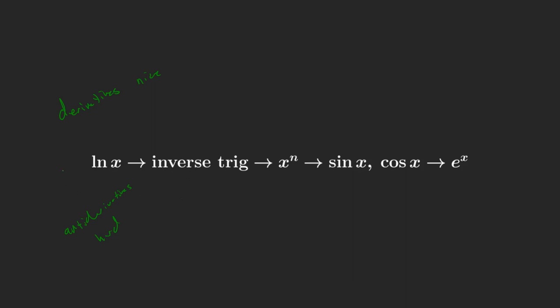So the stuff on the left end of this list is going to be more influential for what we pick than the stuff on the right. If you see an exponential function, it really doesn't matter if you pick that to be u or dv because all you're going to be doing is getting another exponential function out of it in either case. Similarly, for sines and cosines, it doesn't really matter that much.